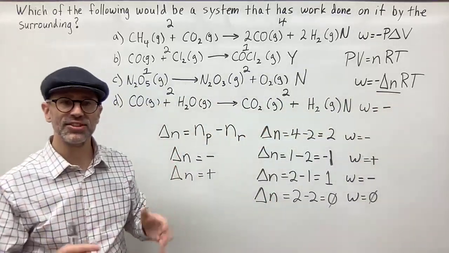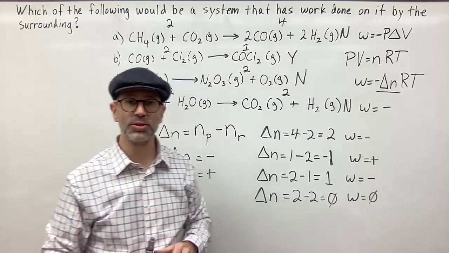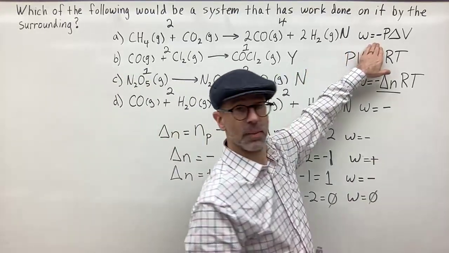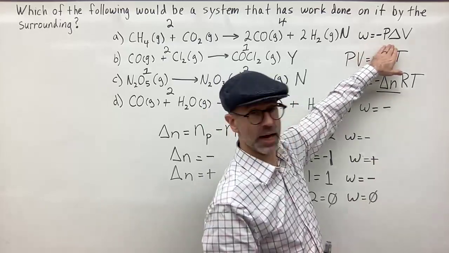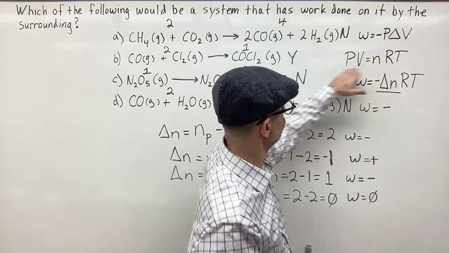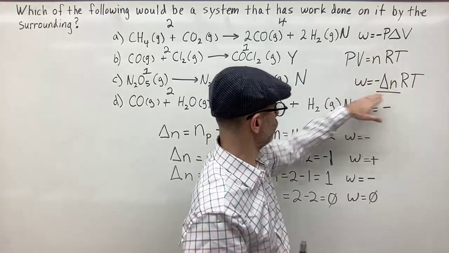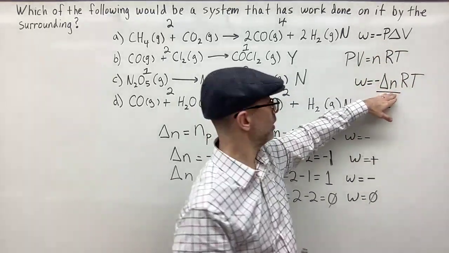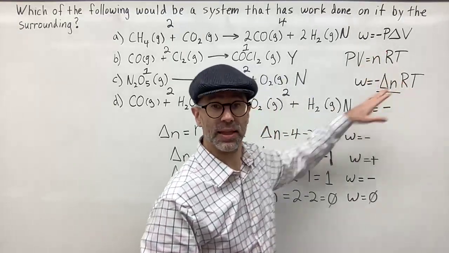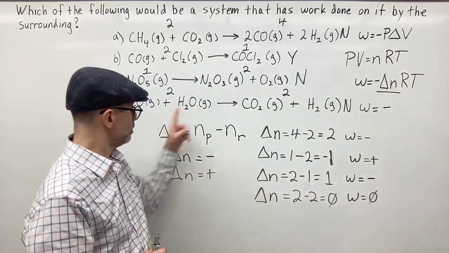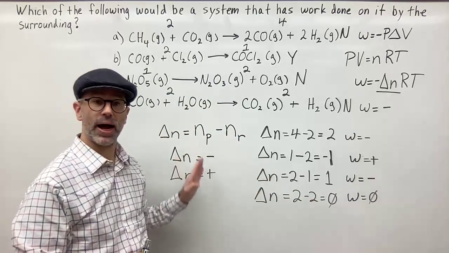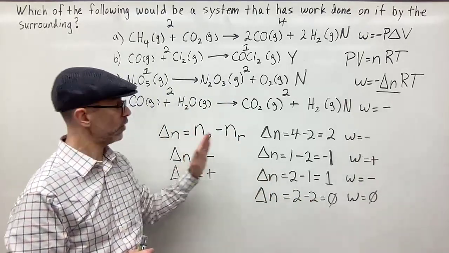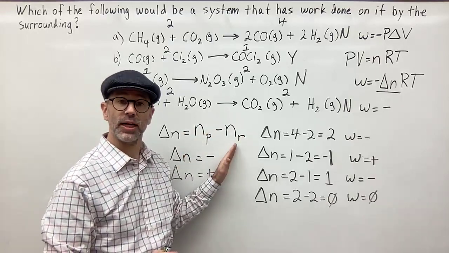And so that, ladies and gentlemen, is how you attack these problems: from understanding work is equal to negative the constant pressure times delta V, which using PV equals nRT gives you work is equal to the negative of delta N times RT, and then figuring out the change in moles by the total product moles minus the total moles in reactants.